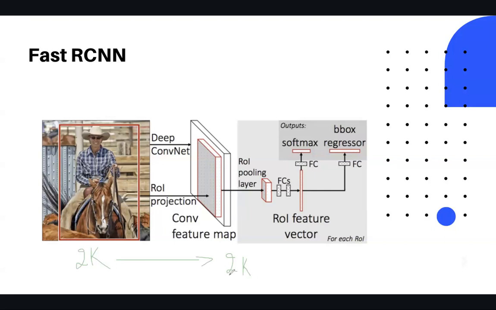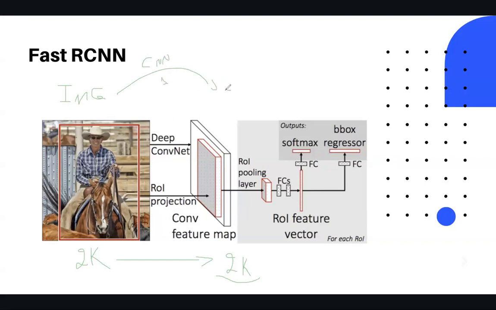So previously, how were we calculating these 2,000 convolutional feature maps? By passing 2,000 images through the CNN. Now only the whole image goes through the CNN, only one time.